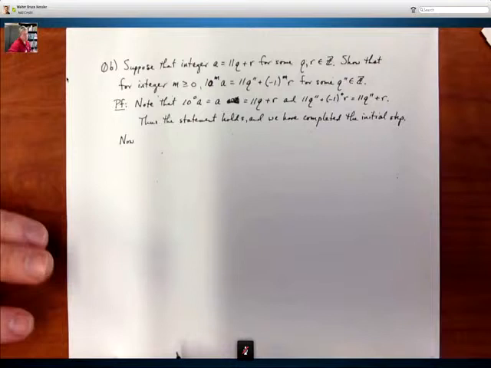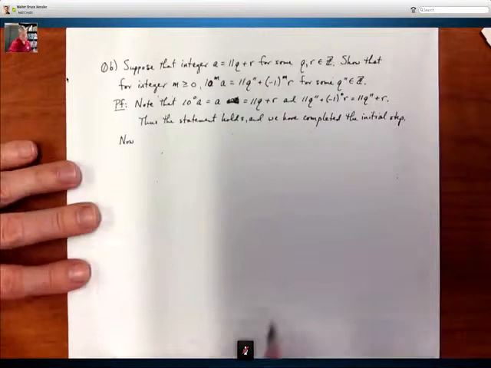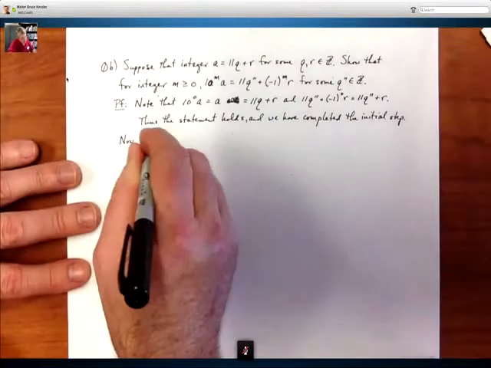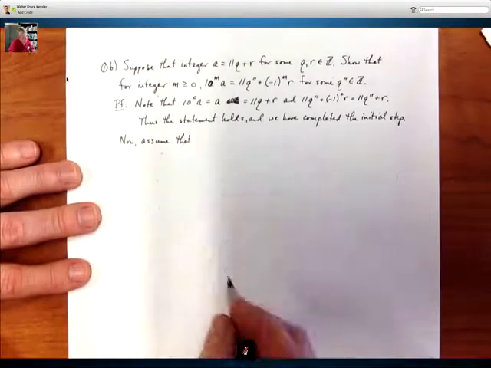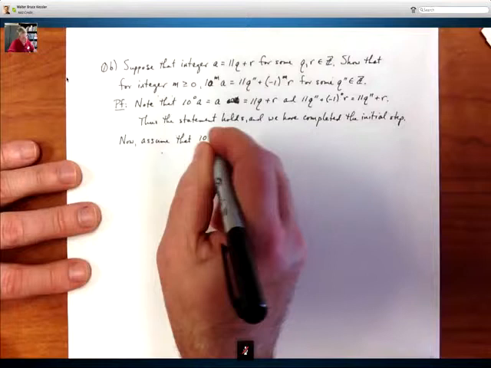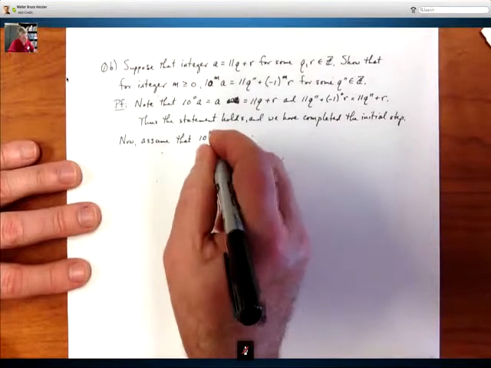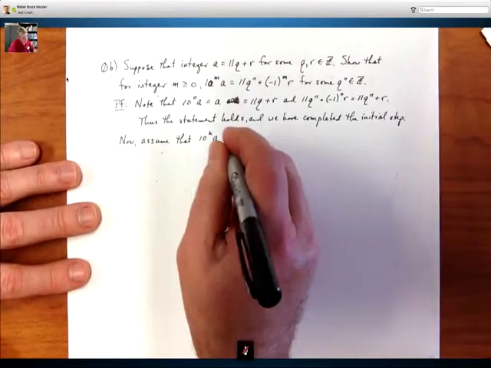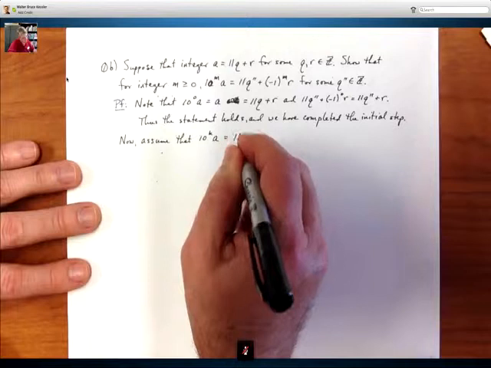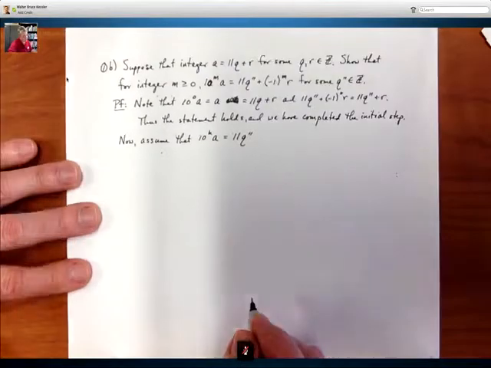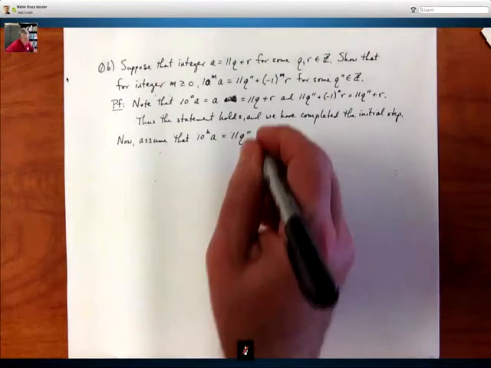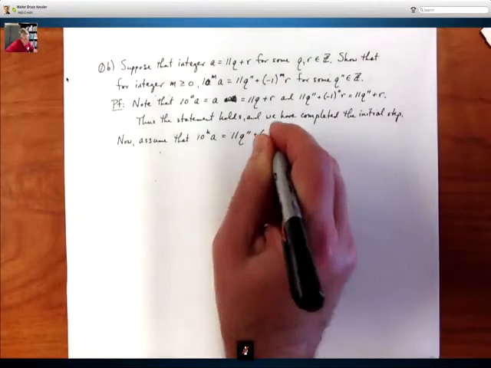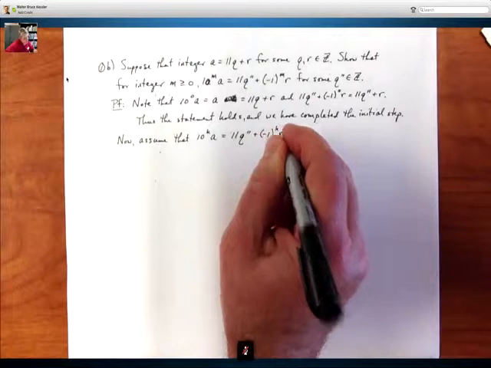Let's say that this holds for some non-negative integer k. Assume that 10 to the k times a equals 11 times q double prime plus negative 1 to the k r.